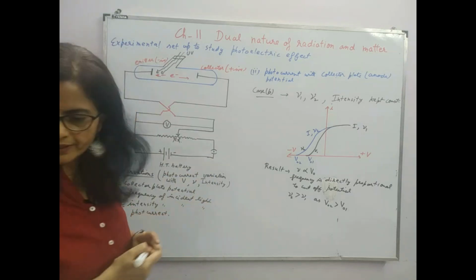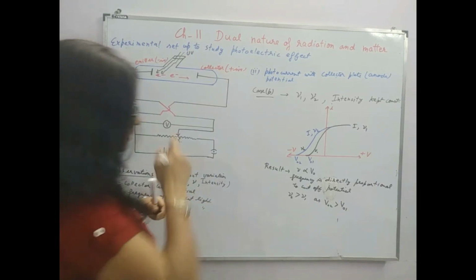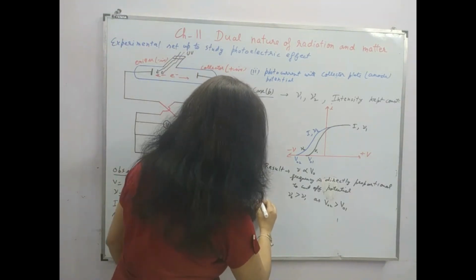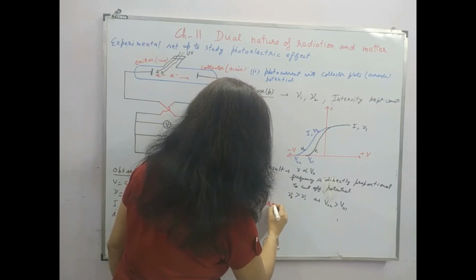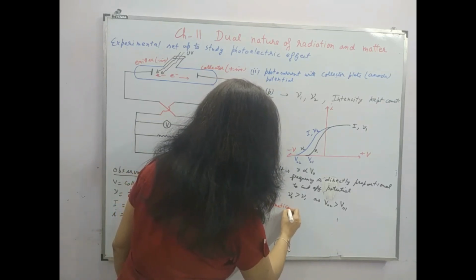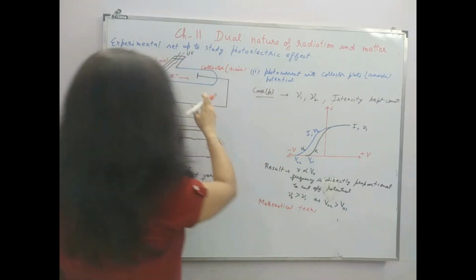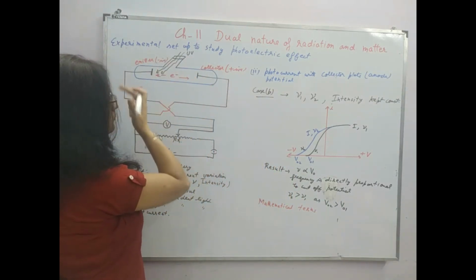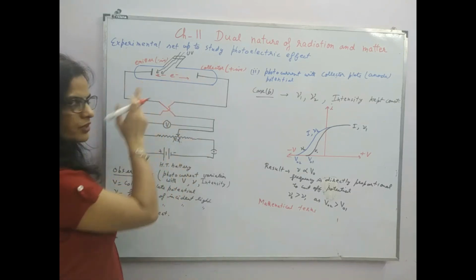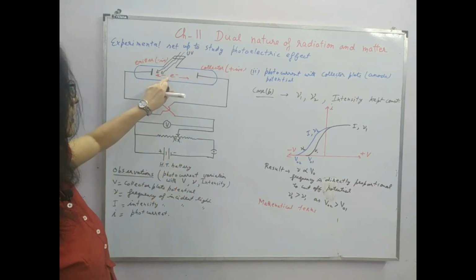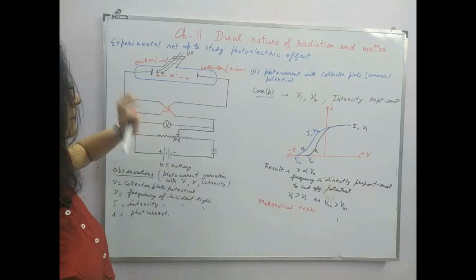So we will write a few mathematical terms here. Whenever negative potential is applied here, that is minus V naught stopping potential, these electrons stop.